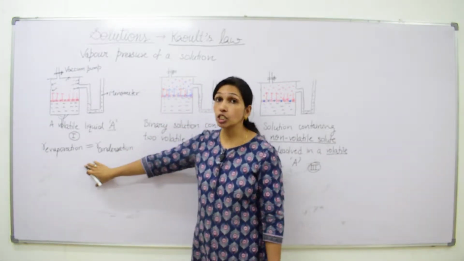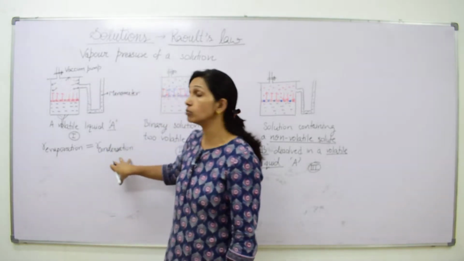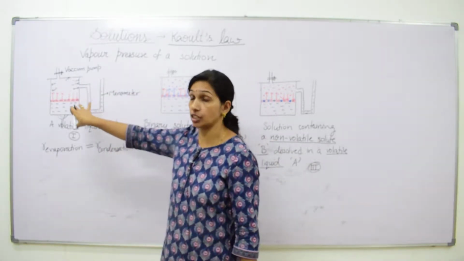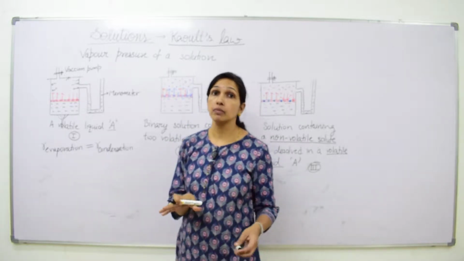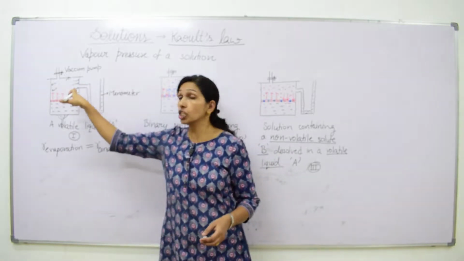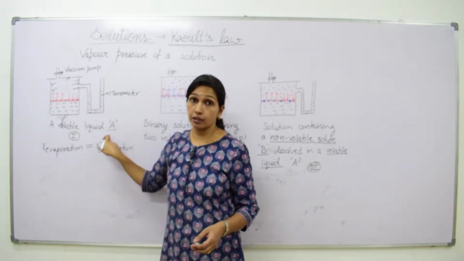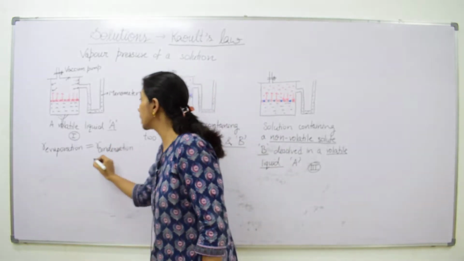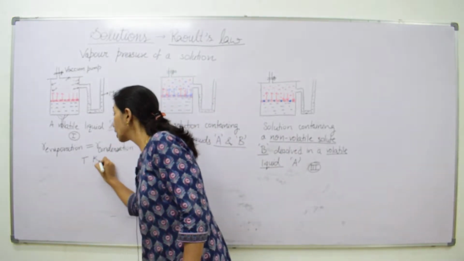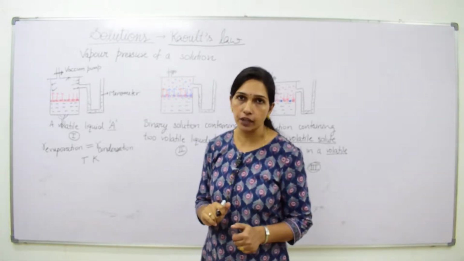This is a stage of dynamic equilibrium. At this stage, the pressure exerted by the vapor phase of a volatile liquid at a definite temperature, for example, T Kelvin, is known as the vapor pressure of that volatile liquid.